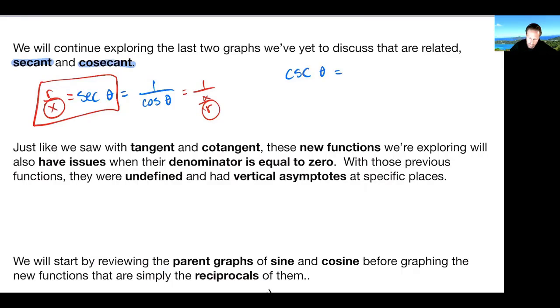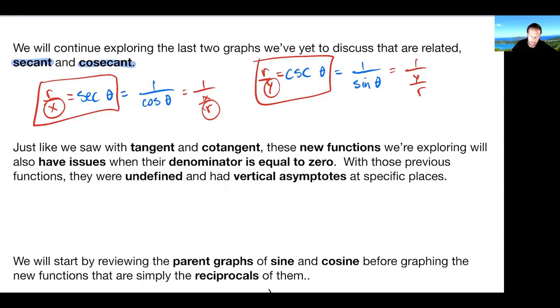which is the reciprocal function of sine. And remember, sine was always the y over the r. So cosecant, since it's the reciprocal, would be r over y, and therefore would also have issues, but when the y value is 0.